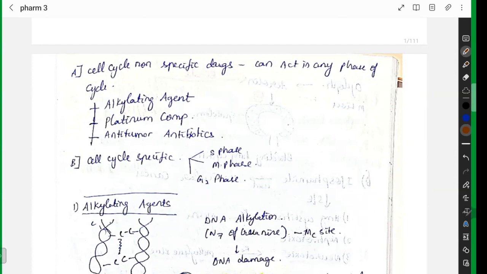Number 3, you're going to have anti-tumor antibiotics. What are the 3 things? Repeat along with me. Cell cycle non-specific drugs can act on any phase of your cell cycle. What are those drugs? Alkylating agents, platinum compounds, and anti-tumor antibiotics.